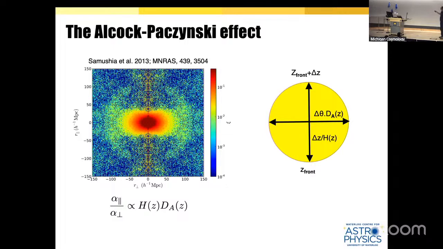So we've already seen the Alcock-Paczynski effect applied to BAO. For the BAO to be a spherical ring in this plot, we had to have converted the redshifts into distances using a cosmological model with the correct h times dA.